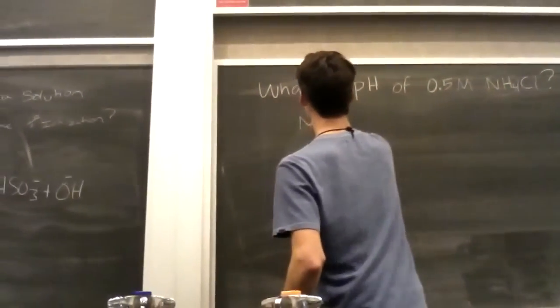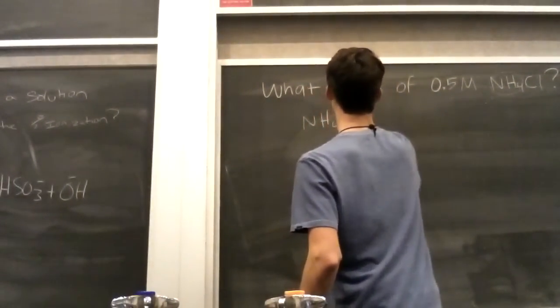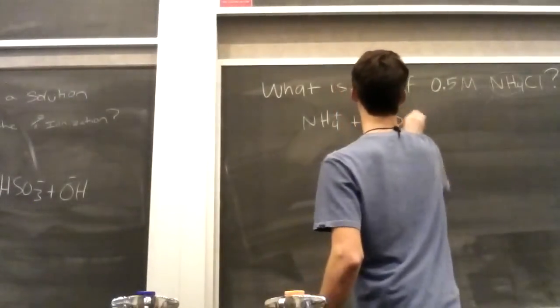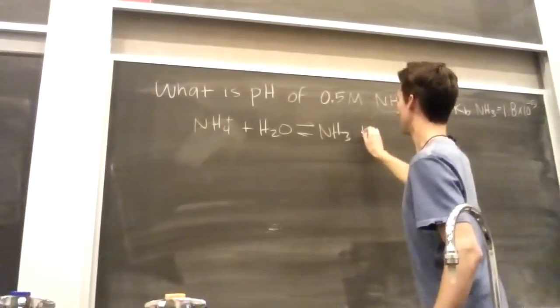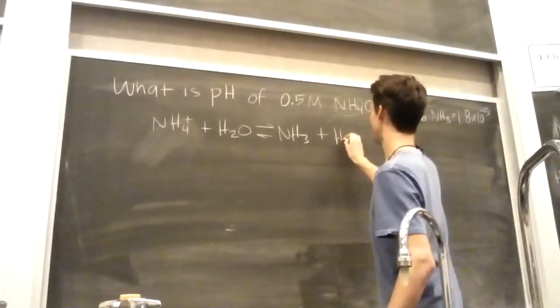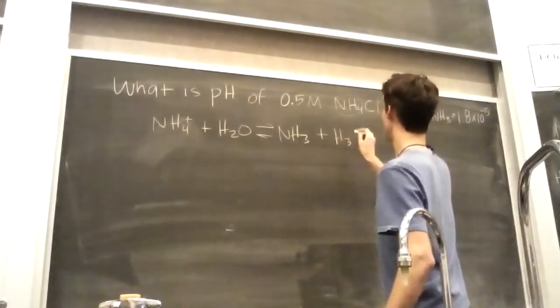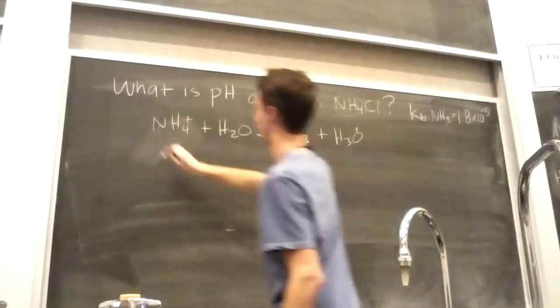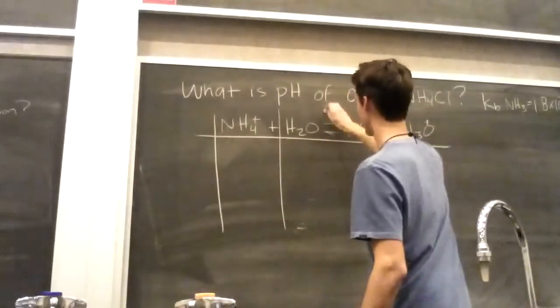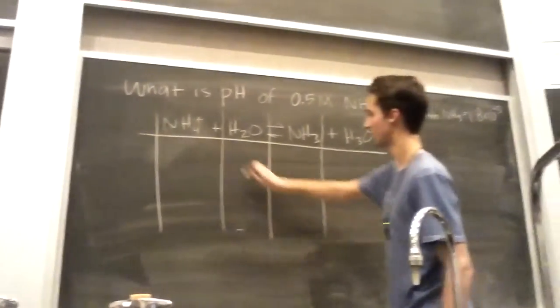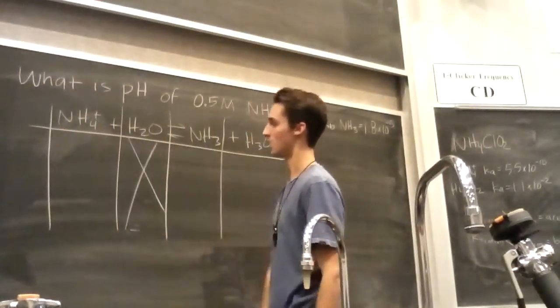So first part, write out your equation. NH4 plus H2O is going to be NH3 plus H3O plus. And you guys know just to cross water out by now.